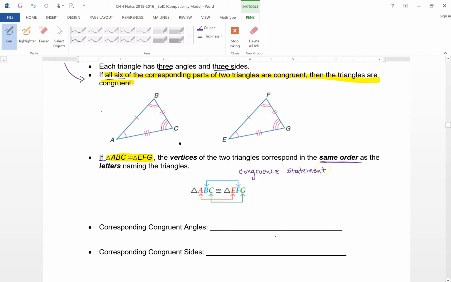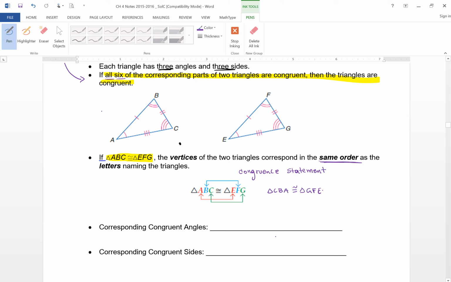All right? You can write a congruence statement with the letters mixed around as long as you maintain the corresponding order. Meaning, you can say triangle CBA is congruent to triangle what? GFE. Okay? The letters have to match.